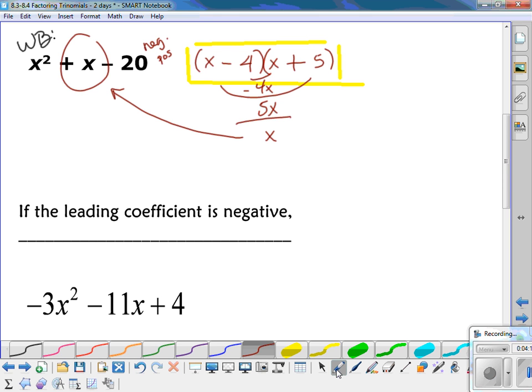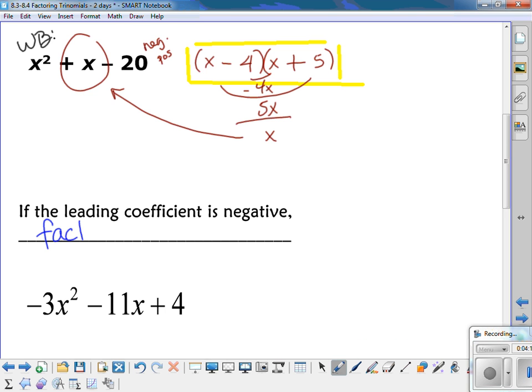All right, so if the leading coefficient is negative, what you want to do is factor out the negative 1. If you factor out negative 1, it's going to make it easier to factor the trinomial.